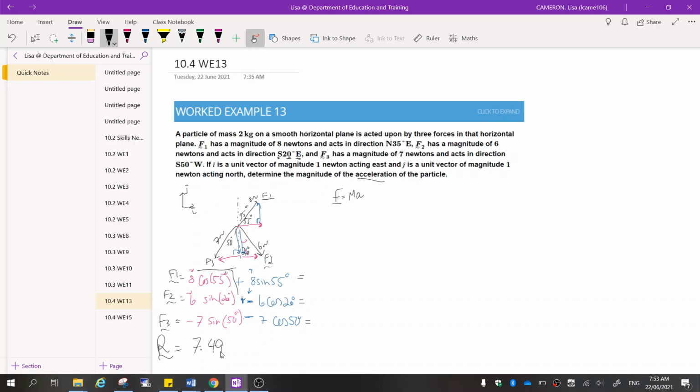Now, if you're not getting that answer, you should be checking that your calculator is in degrees, not in radians. So, of course, my calculator is in radians, so I'm going to need to change that.